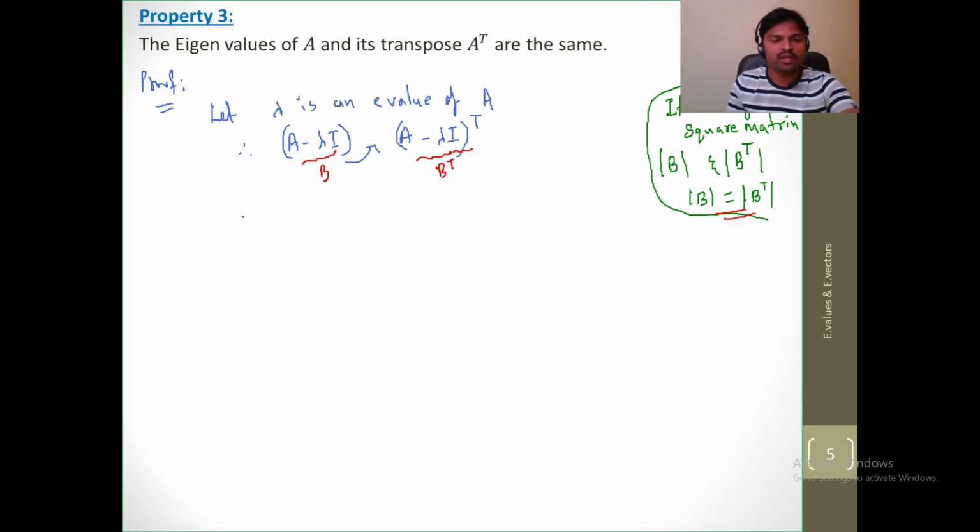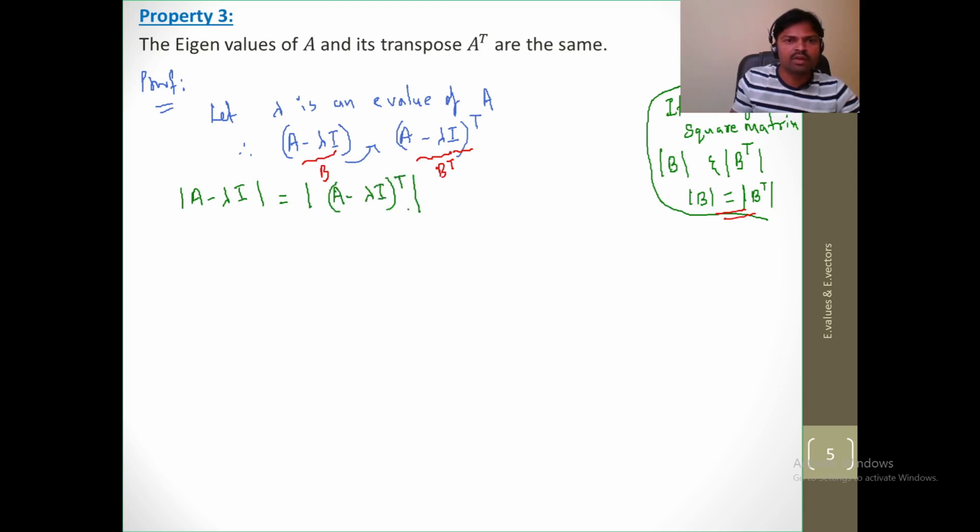So therefore, I can write determinant of A minus lambda I is equal to determinant of (A minus lambda I) whole transpose. Nothing more, I am just applying one simple property: the determinant of a matrix and its transpose are the same.